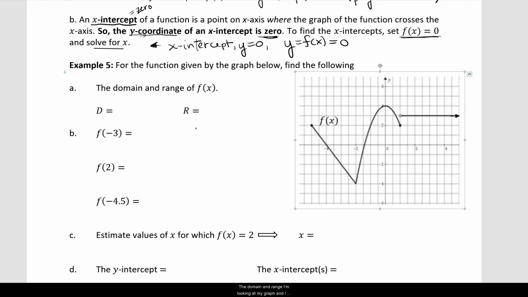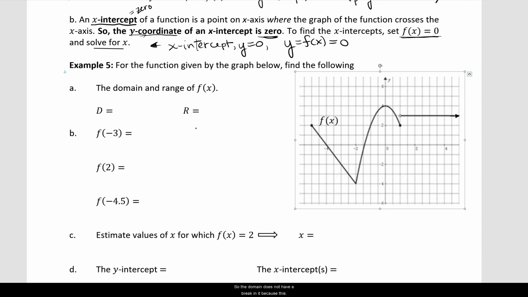I'm looking at my graph and I notice that it's not continuous, meaning there is a break in the graph as I trace it. But where it's not continuous, the closed dot matches up with the open dot along the grid line that goes through the x-axis.